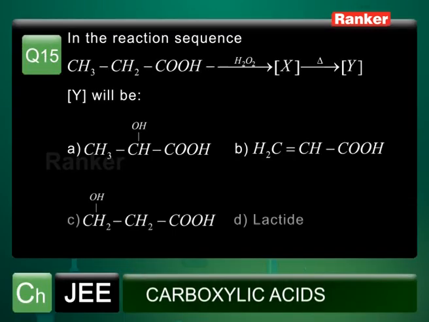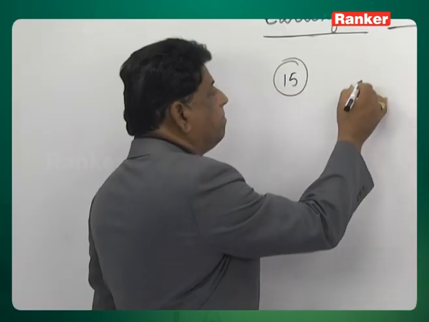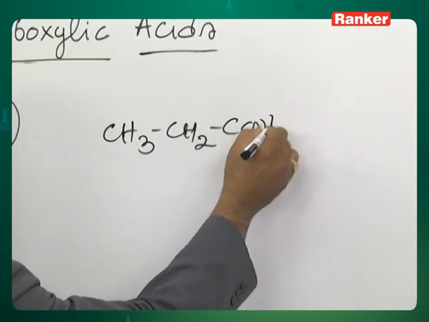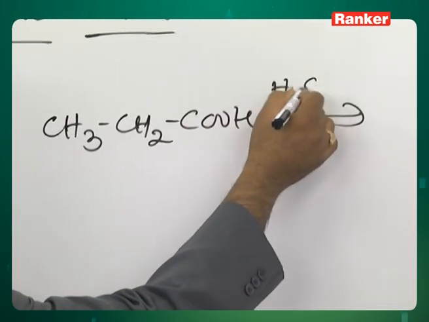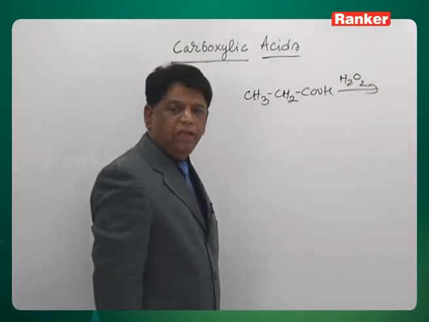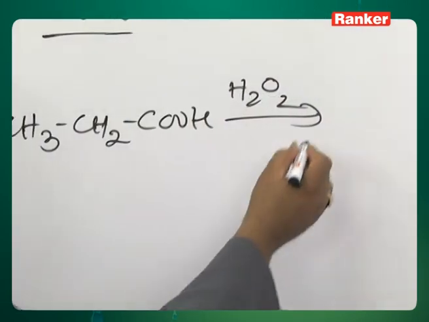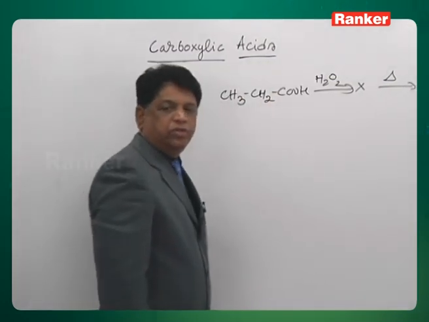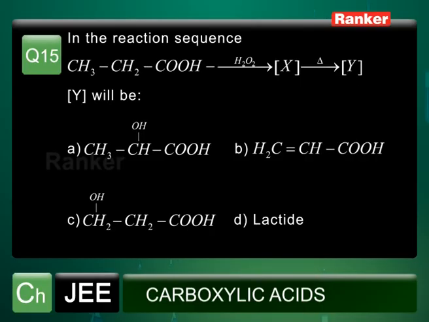In the reaction sequence, propanoic acid is treated with hydrogen peroxide, and compound X is formed, which on heating gives compound Y. The question is what is Y?